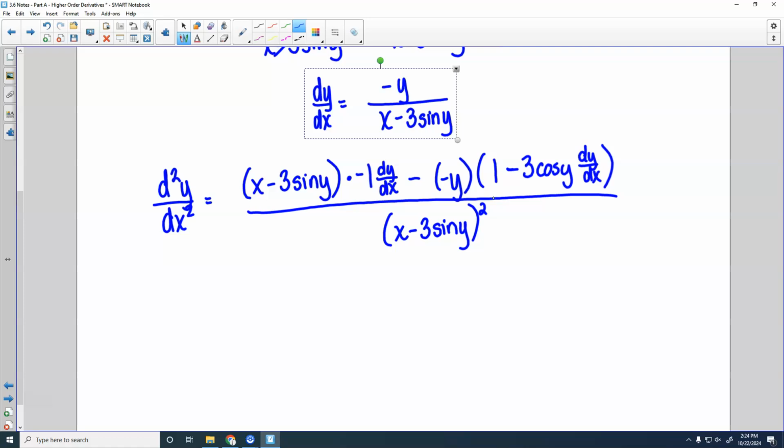All right, so our next step could be to take this stuff and plug it in here. But you've got two different places with a dy/dx, and I really don't want to think about dealing with all of the derivatives in the different places and the fractions and the trig. So here's another option.